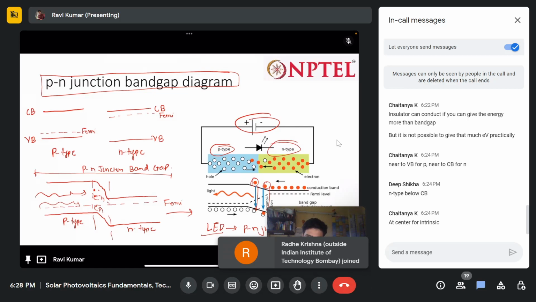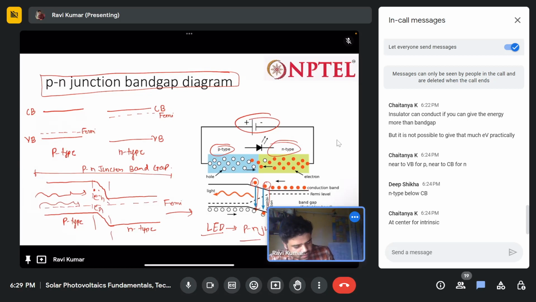Okay. So this is our p-type. If our Fermi level is coming down, it means we have more acceptor atoms, so they can accept an electron with a small energy.